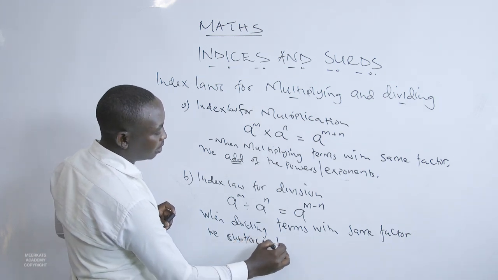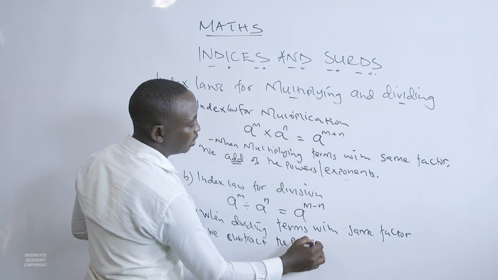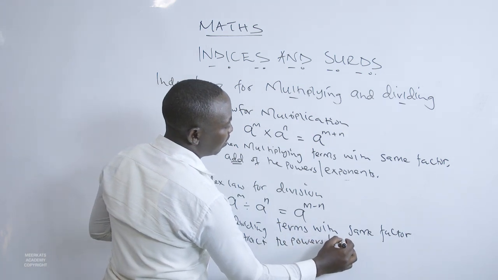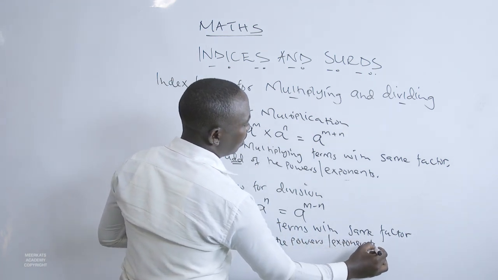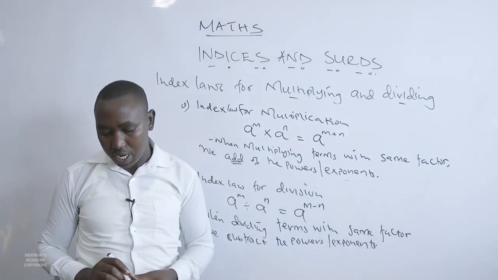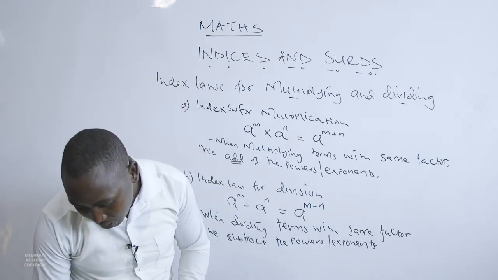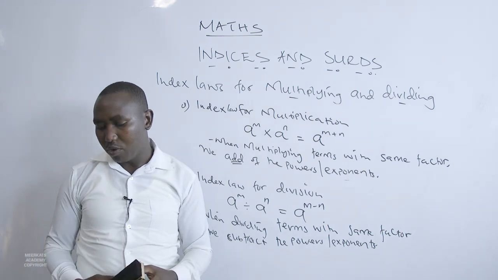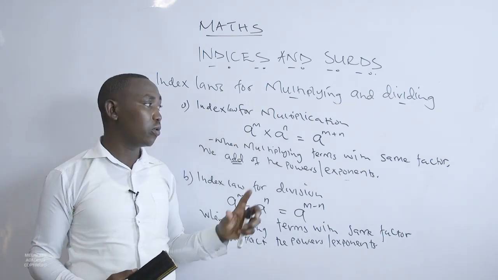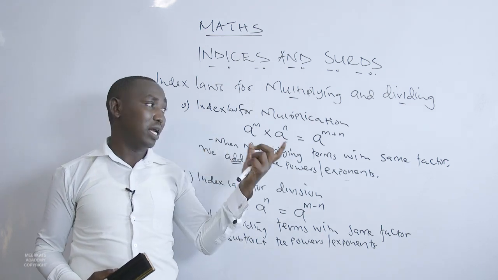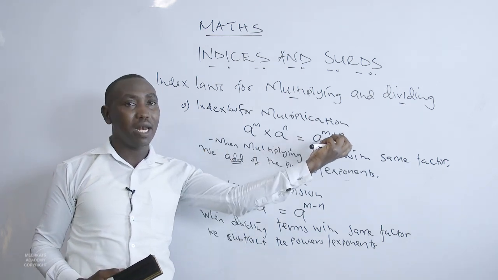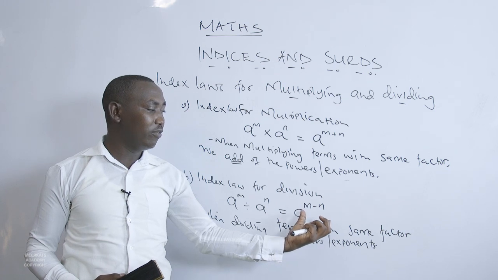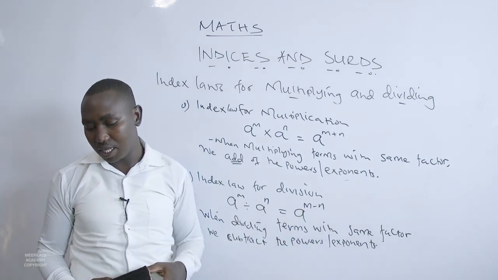We subtract the powers or the given exponents. We want to consider a number of examples on how we can use these two rules. For multiplication, we add the powers. For division, we subtract the powers.